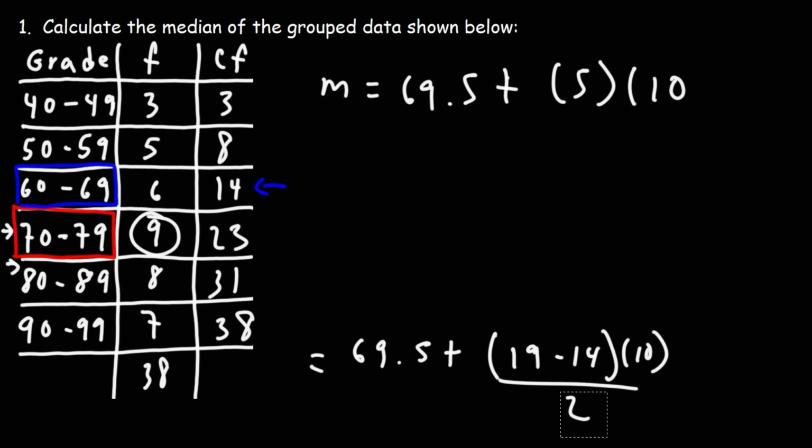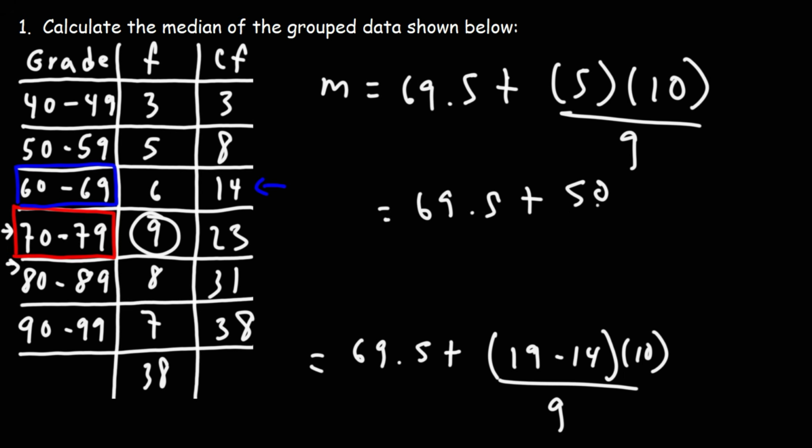And this should be a 9 here. That's the frequency of the median class. So this is 69.5 plus 50 divided by 9. So this rounds to 75.05. Well, if we want the exact answer, it's 75.05 repeated. So that's the value of the median.